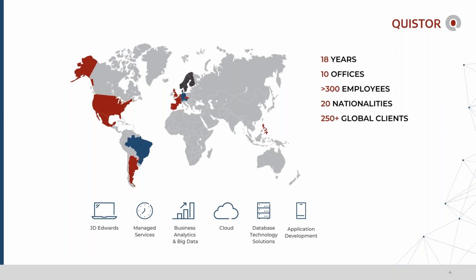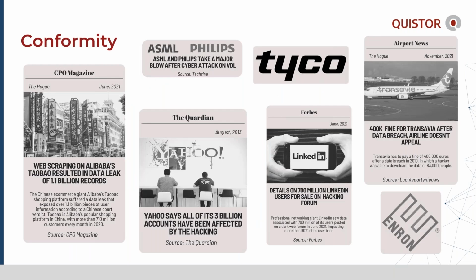So that's Quistor. The presentation of today has everything to do with conformity in security, conformity on licenses, and so on. And that's why I started with this slide. As you see there, right under Enron and Tyco, two clear examples of where in the past executives were pumping up their own numbers.